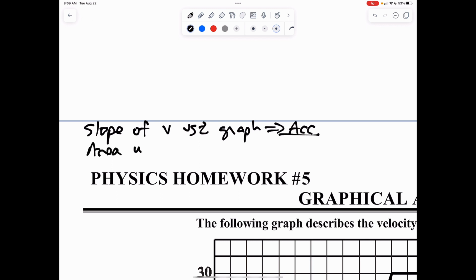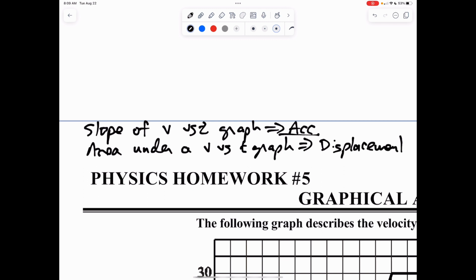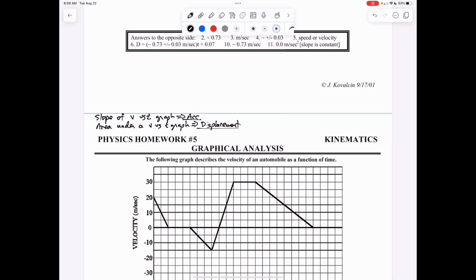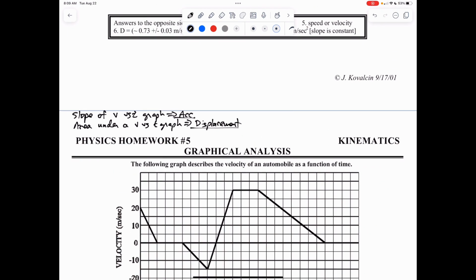The area under a velocity versus time graph is displacement. So we're going to be focusing on these two main concepts as we go through. Of course, the third thing you can do is simply read off the graph. You can tell what the velocity is at any moment by just reading off the graph.